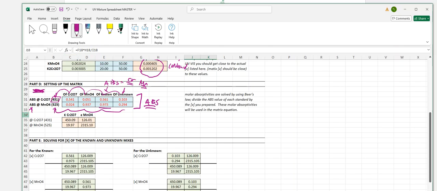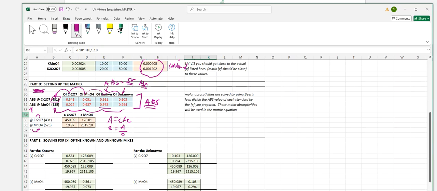Next up for part D, down here at the very bottom, you're seeing epsilon at chrome and at manganese. These are molar absorptivity values that have been calculated. The molar absorptivity basically refers to Beer's law, A equals epsilon b c. So to calculate molar absorptivity, we're going to take absorbance divided by the concentration.